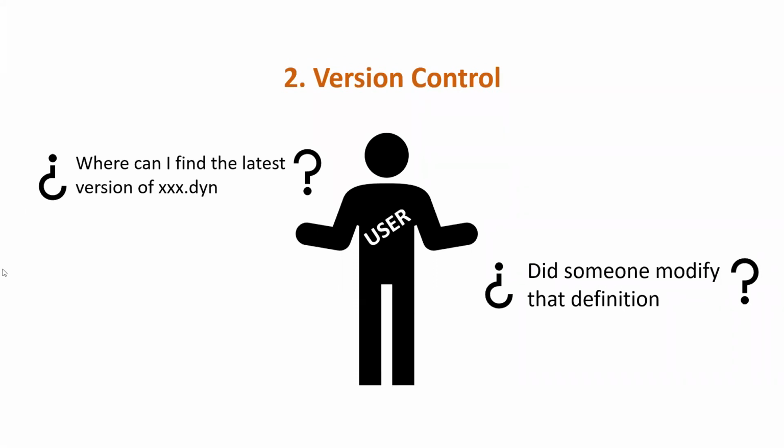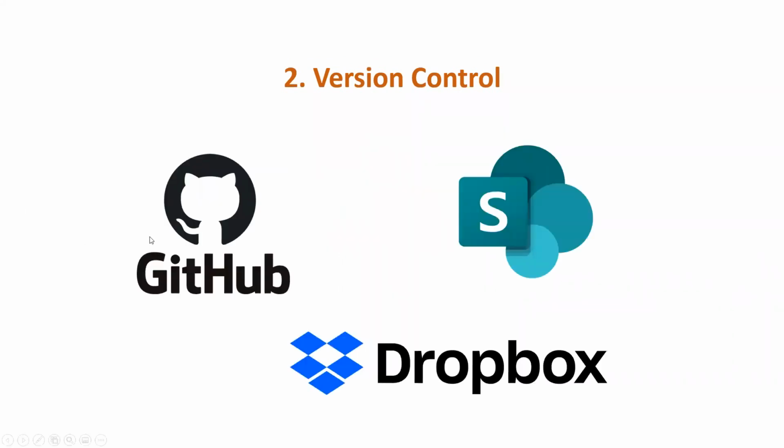So there are some solutions that people have started using that I've witnessed myself inside organizations. Some people have started putting their content in GitHub, which provides some great version control features. Some people use Dropbox and have the Dropbox Drive on their computer that syncs automatically.